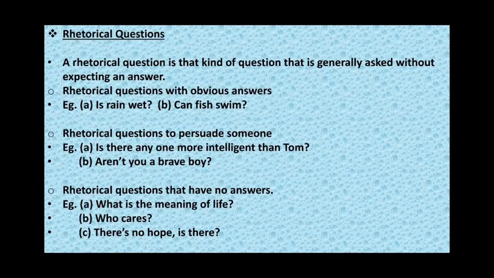So you already know, or the person already knows, that Tom is the most intelligent one in the class or wherever he is. Next, aren't you a brave boy? So here you are trying to persuade the boy.